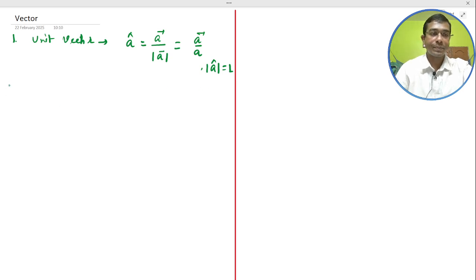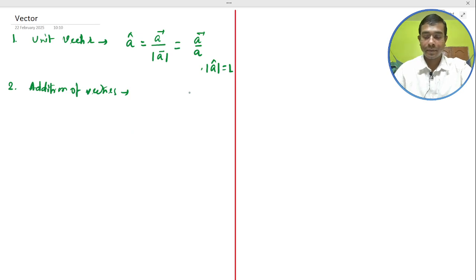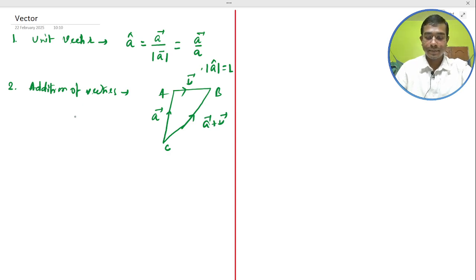Now the addition of vectors. Addition of vectors is basically the law of triangle. Here this is A, B and this is C. This is A, B and this is A plus B. Basically here this C is OB.